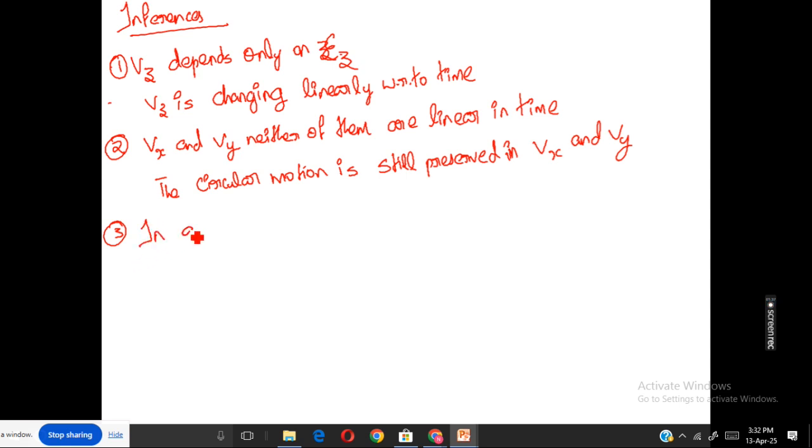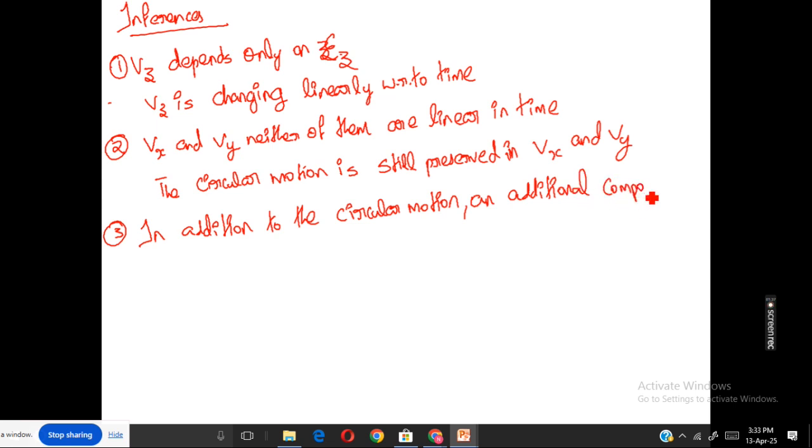And in addition to the circular motion, we have an additional component: the drift velocity Ex by B is also coming in Vy.